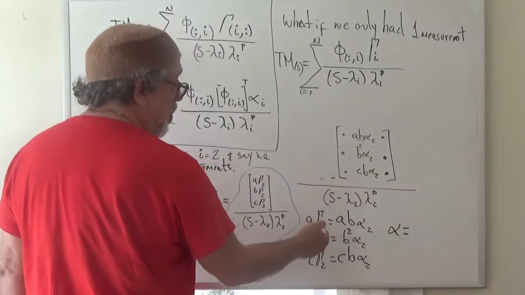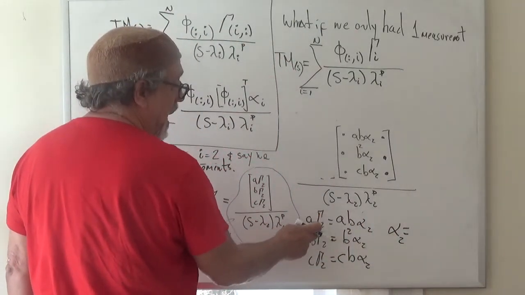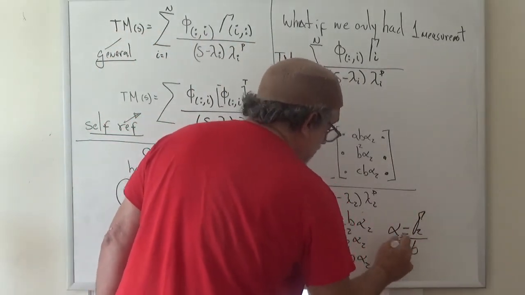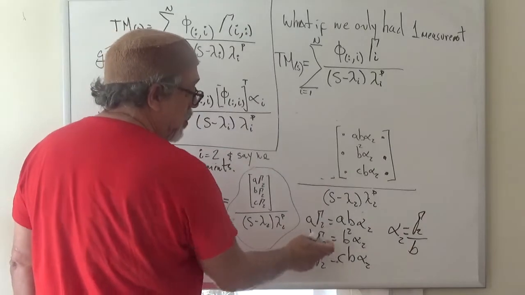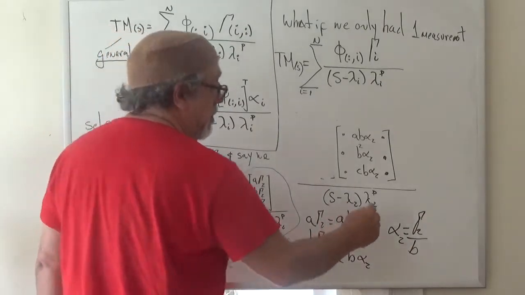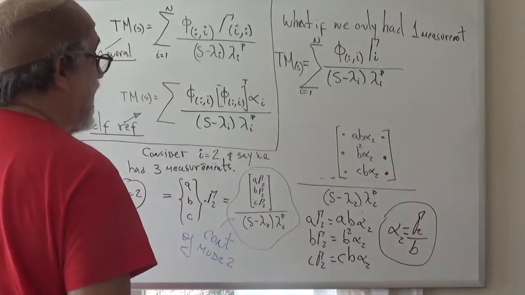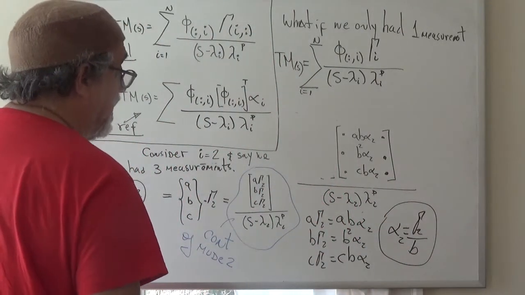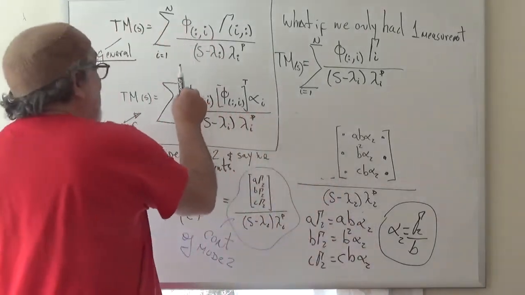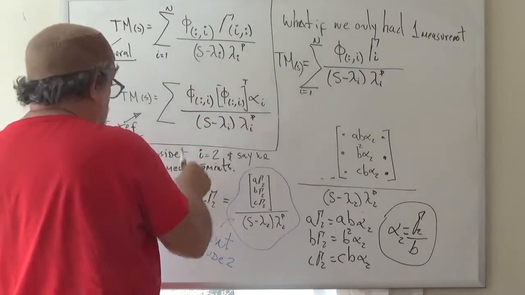Dividing here, you would find that alpha 2 is equal to what? To tau 2 divided by B, right? And if you do this one, you will get that it's tau 2 divided by B, and if you get this one, you'd get that it's tau 2 divided by B. So that means that I was able to calculate the constant without actually having to have loads at the three locations.